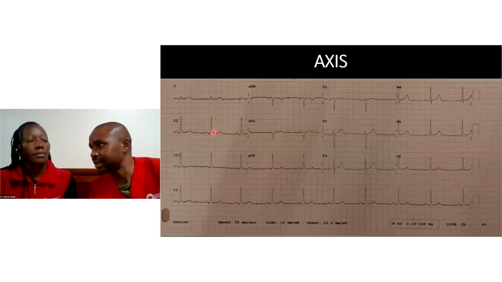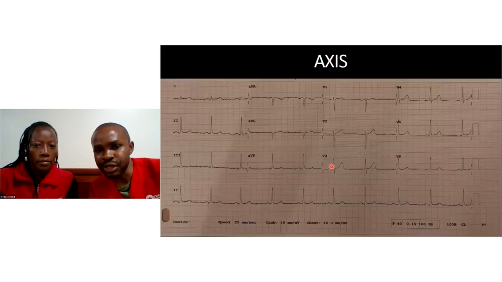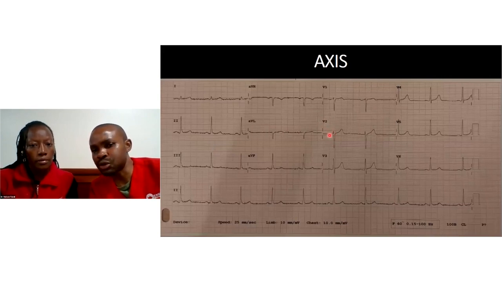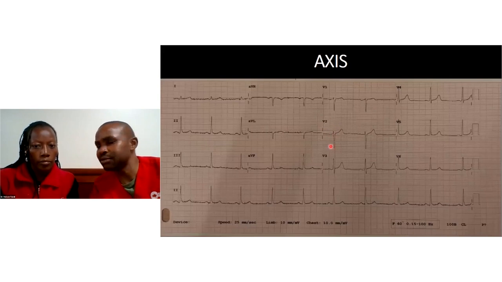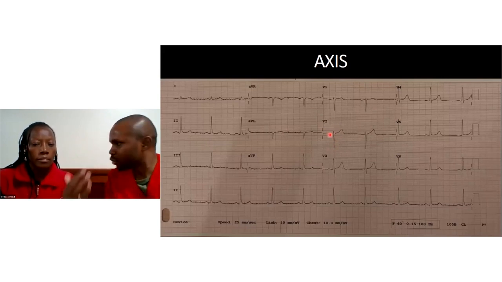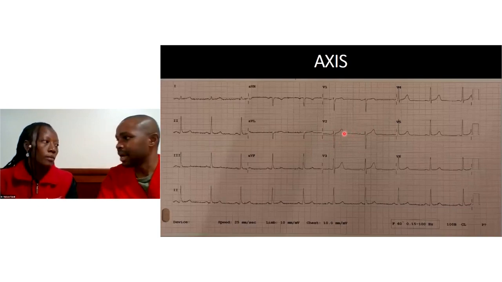And if it's a negative deflection, for example, if I come here to V2, this is negative, and this is normal because this is what we expect. Here, I would say this is a negative deflection. The QRS is predominantly negative. So, to answer your question, that's what we mean. Whether it's predominantly positive or predominantly negative, you have to use your isoelectric line as the reference.